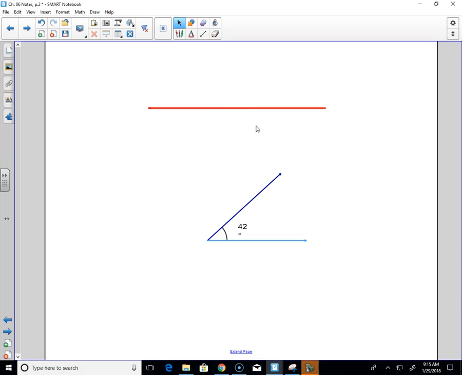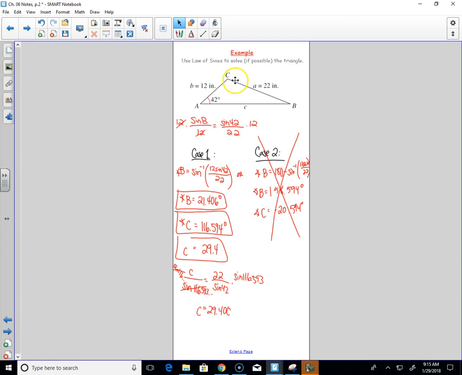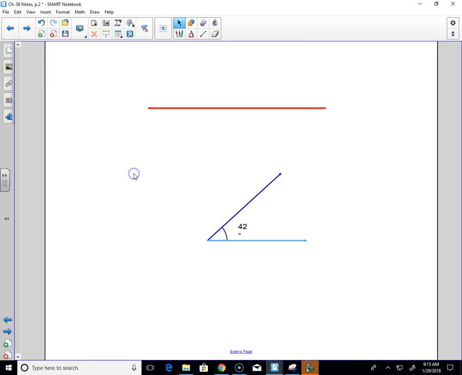The 22 in the last problem made it so that there was only one case. So I want us to think about, okay, what would it take if I knew that angle A was 42 degrees and side C is 12 inches. So here's our little 12 inches.